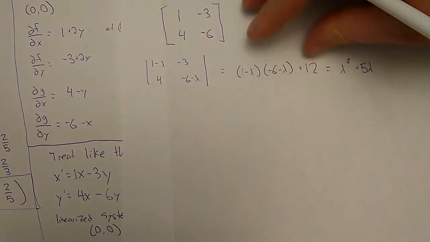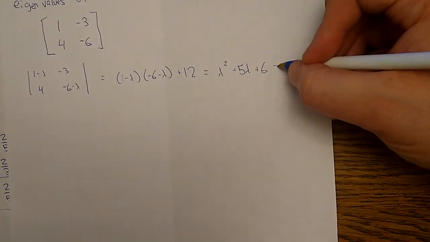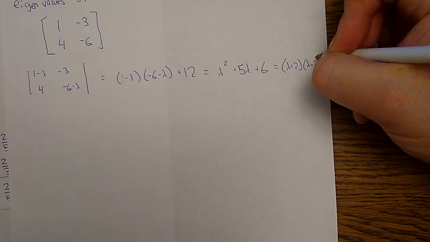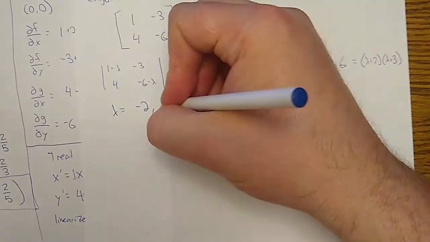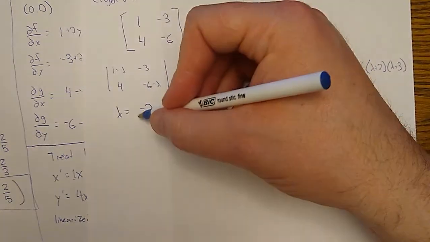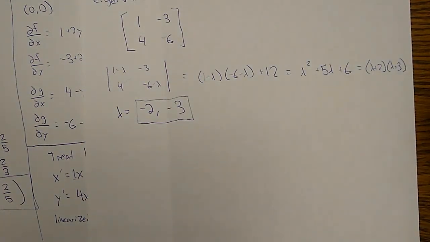I would have a minus 6 and a plus 12, so I'll write plus 6, which is lambda plus 2 times lambda plus 3. So lambda is negative 2, negative 3. So what do we see? Both negative. They're not complex. If they were complex, then I would just check the real part to see whether that was positive or negative. But these are two real.